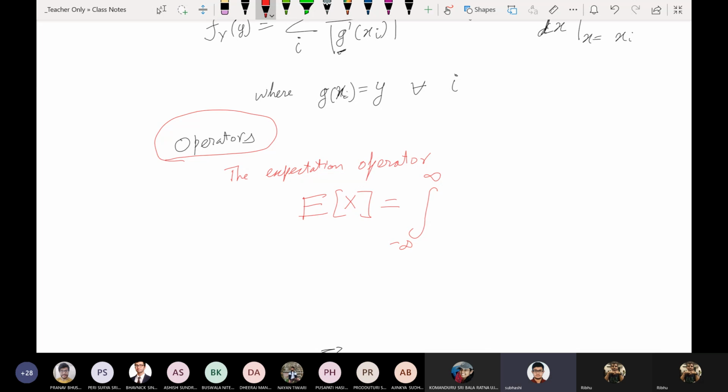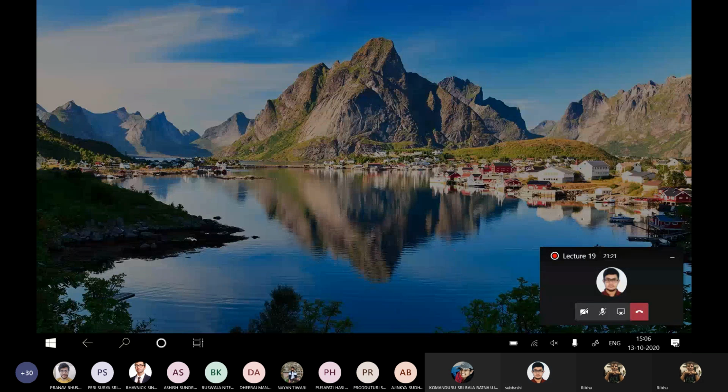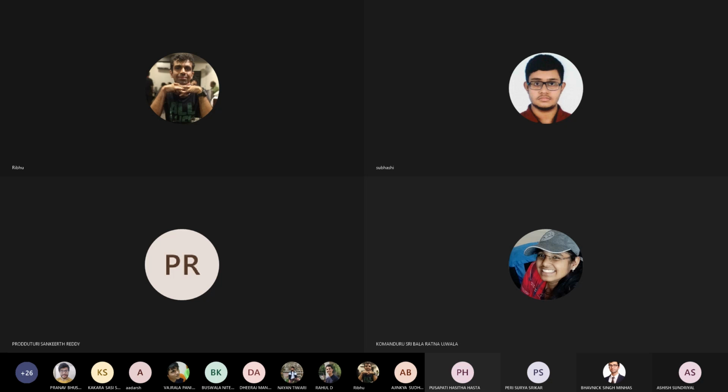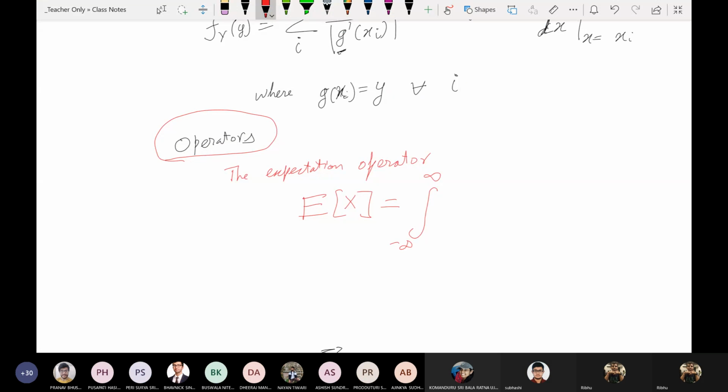It's not showing. It's stuck at g of x. Okay, I'll reshare the screen. That shouldn't be an issue. Now is it visible?